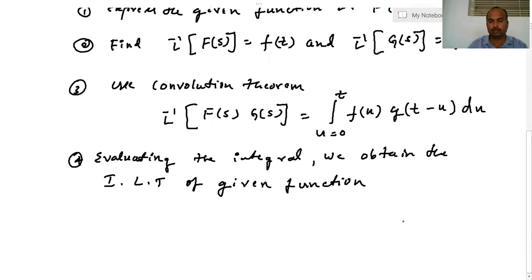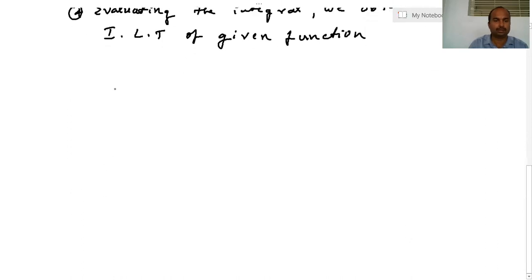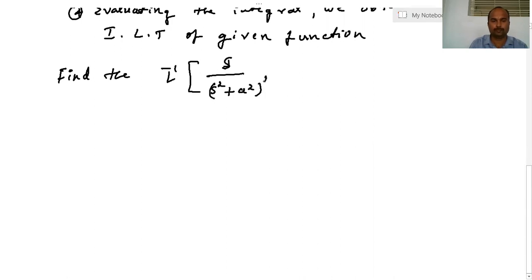So I will take up an example to find the inverse. That is, find the inverse Laplace of s by (s square plus a square) the whole square. So first step, express (s square plus a square) the whole square into two terms.